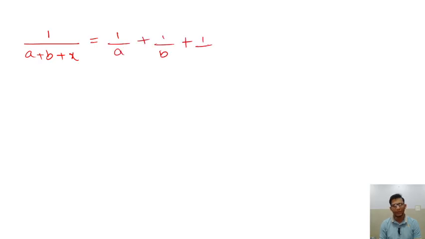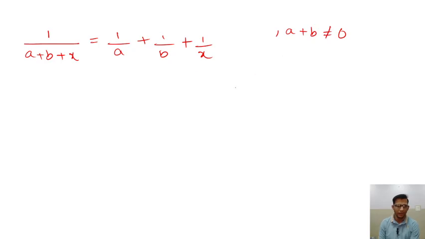Now take another example which does not contain any particular value, means it contains only variables and constants a, b, and the constants are also not given as a number. Okay, it means, let me write the equation first. 1 upon a plus b plus x equal to 1 upon a plus 1 upon b plus 1 upon x, and it is given that a plus b is not equal to 0.